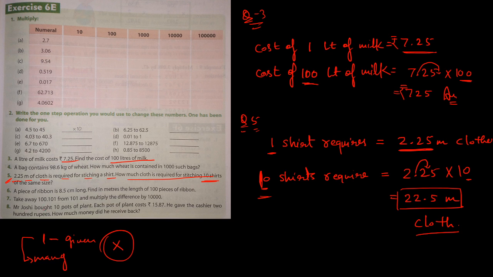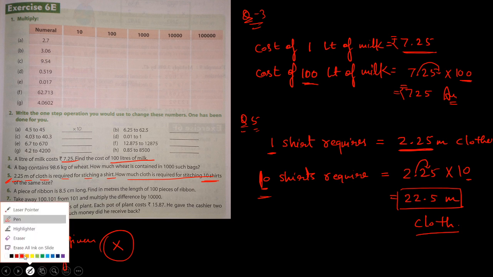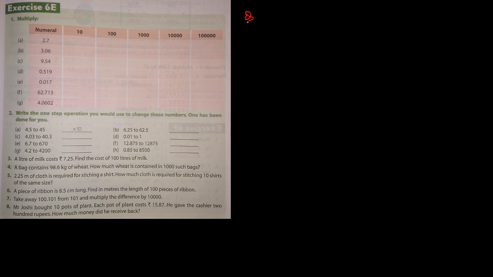Okay, now question 7. Question 7 says take away 100.101 from 101 and multiply the difference by 10,000. Now take away means subtract. So we have to subtract 100.101 from 101.